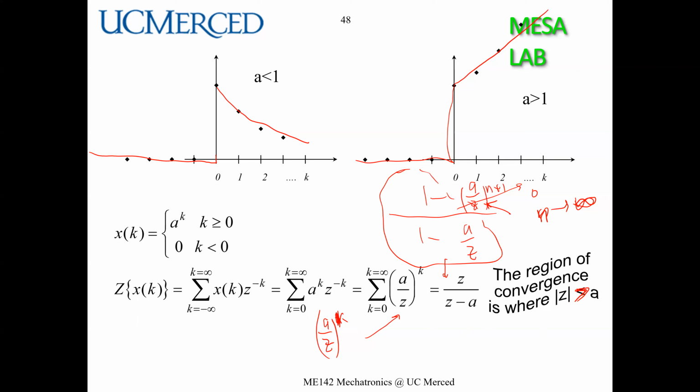Okay, we're moving on today to see more cases, and we're going to establish a concept that if you have a discrete sequence, then there exists X of z according to this definition.